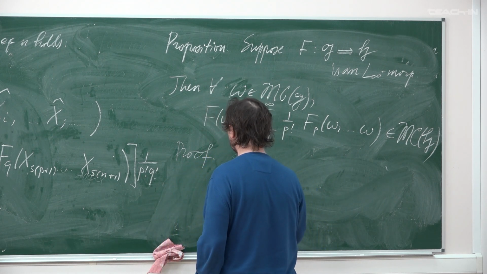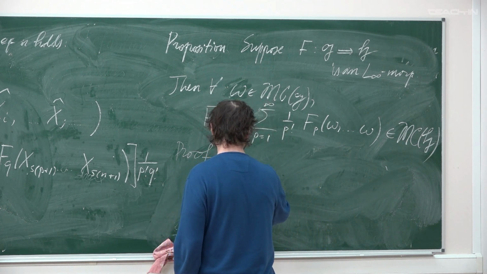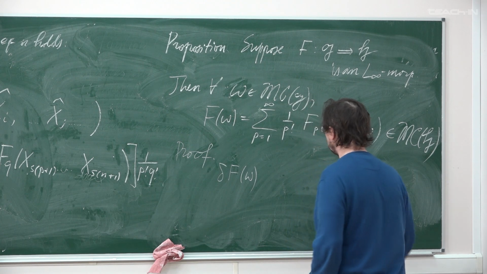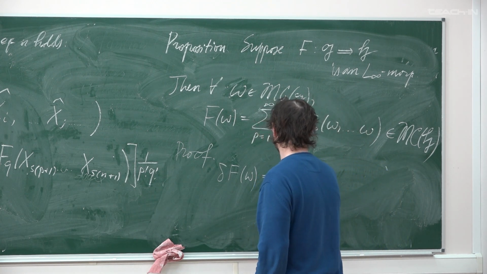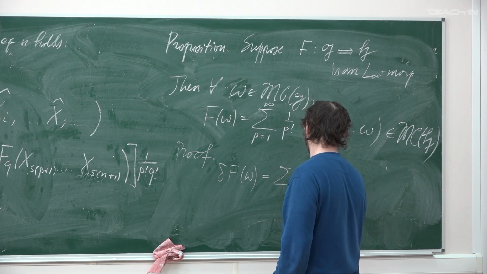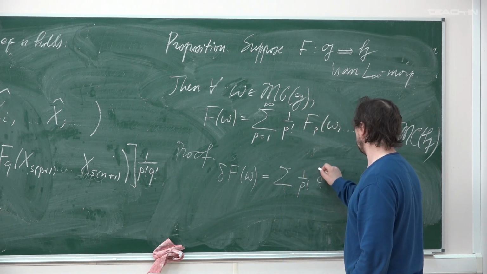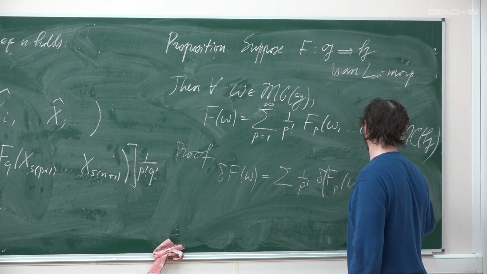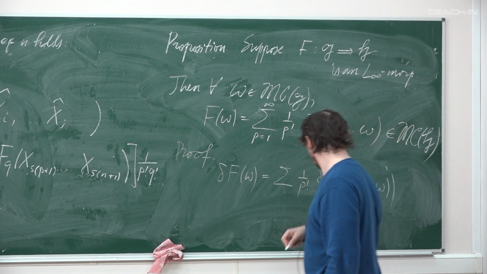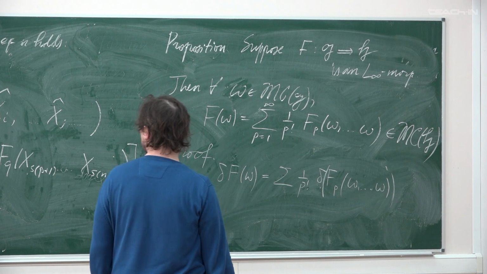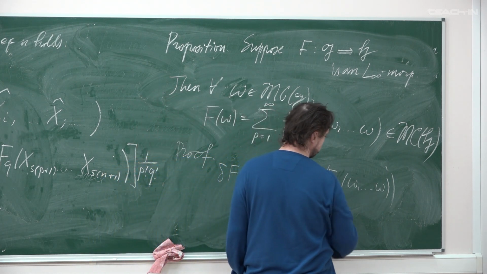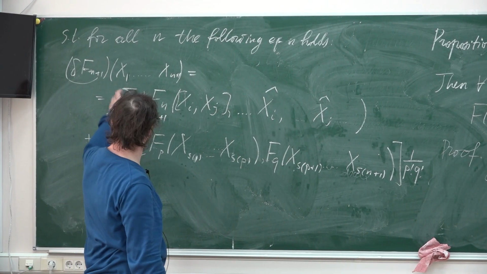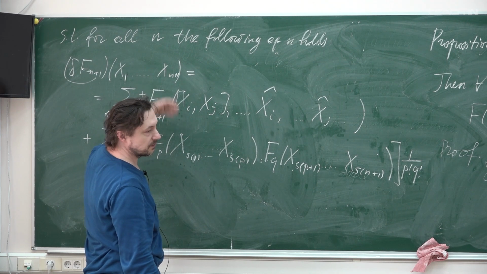To this end, we apply the differential to f omega. It will be equal to the sum over p of 1 over p factorial delta fp of omega, omega. You see, there is a difference between this delta of fp and this delta of f applied to something, right?